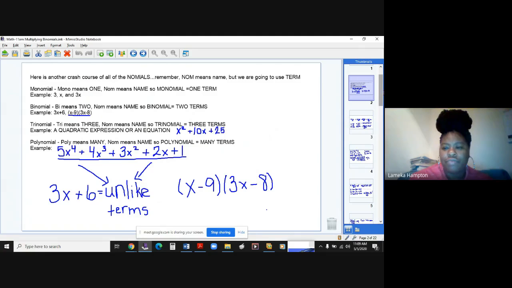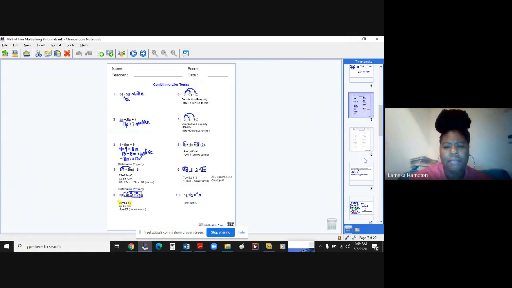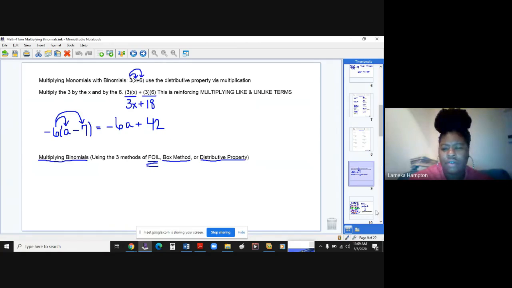I have gone over the three different ways that you can solve binomials, which is with the FOIL method, the box method, or the distributive property method. And remember, as I always say, there are many different ways to get to downtown Atlanta. It really doesn't matter how you get there. Just make sure you get there because that's what's important.